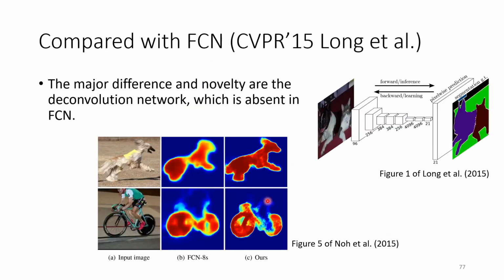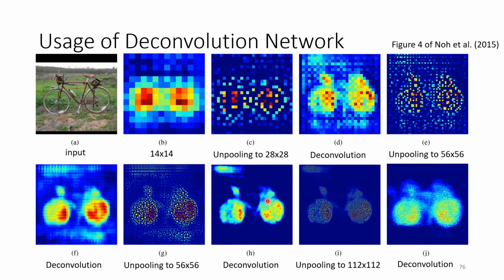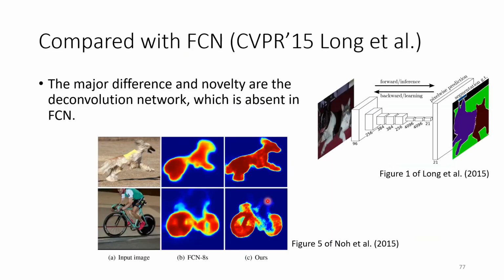Right? So let's compare. This is a deconvolution network. And this is a fully convolutional network. It also tries to solve the semantic segmentation problem. It was published in CVPR 15, and when is the month of CVPR?